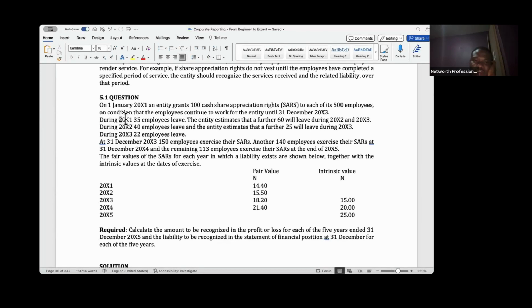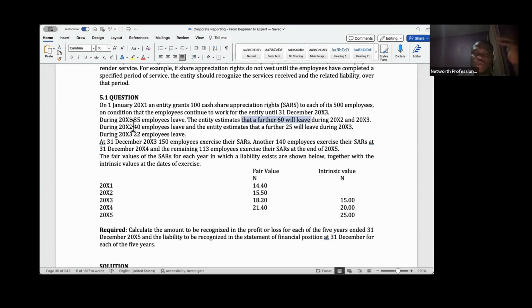So they said 35 actually leave, because this is the year end. Of course, we can know people that actually leave, but they now estimate that a further 60 will leave in the next year and in the third year, during 2002 and 2003.